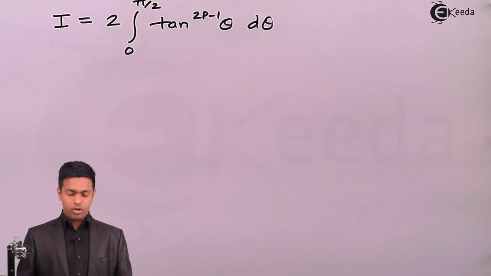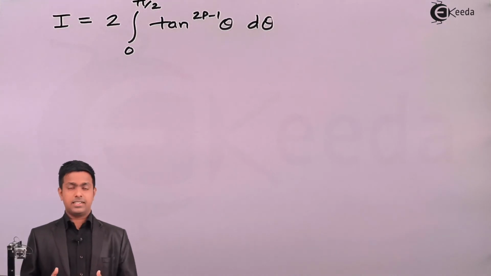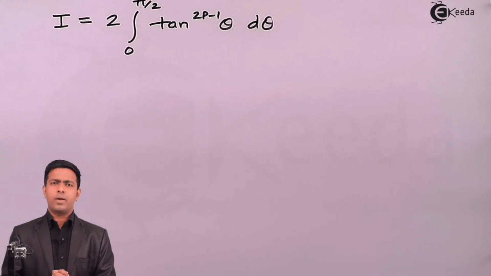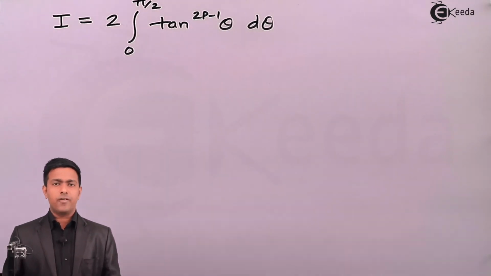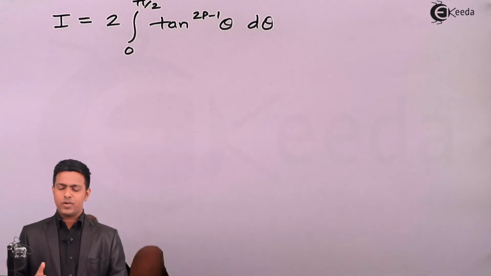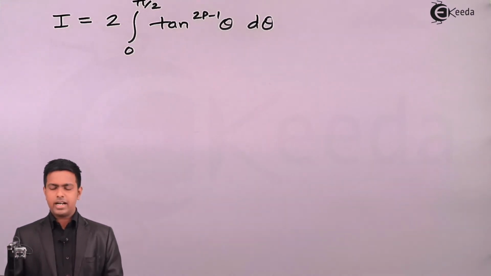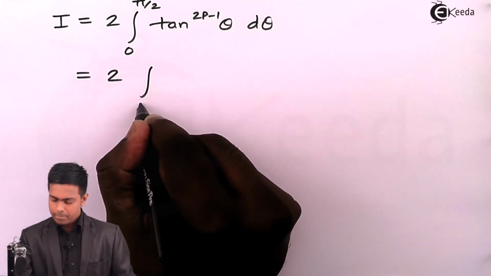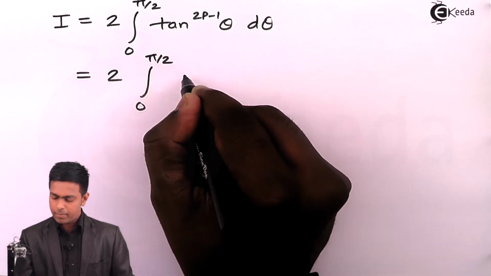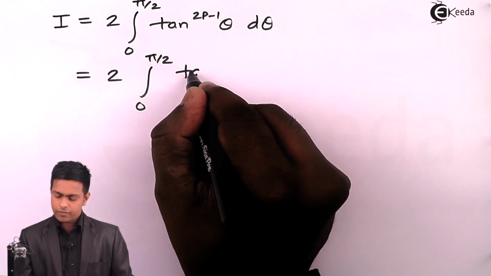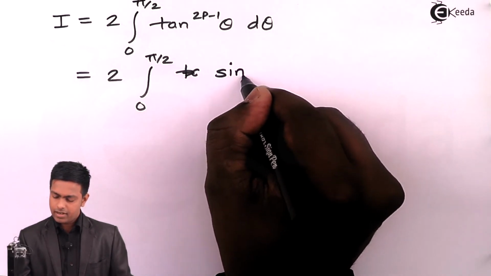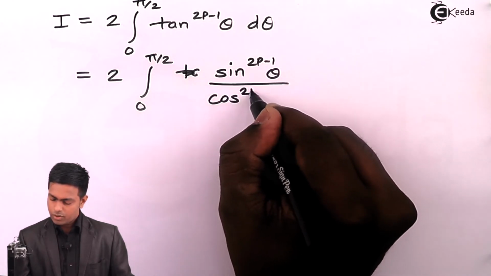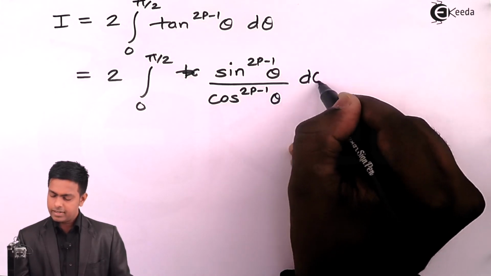And now we have to solve this integration. If I convert tan into sine and cos, then I have the limits of integration as 0 to pi upon 2, so I can definitely use the definition of the beta function to evaluate the answer. So that will give us 2 into the integration from 0 to pi by 2 of sine to the power 2p minus 1 theta upon cos to the power 2p minus 1 theta d theta.